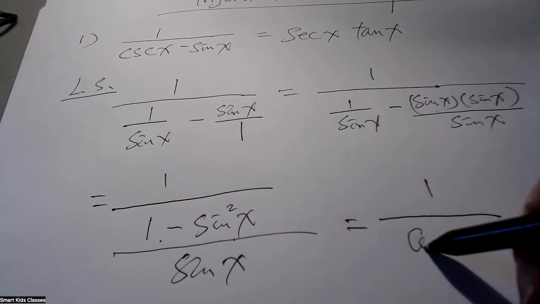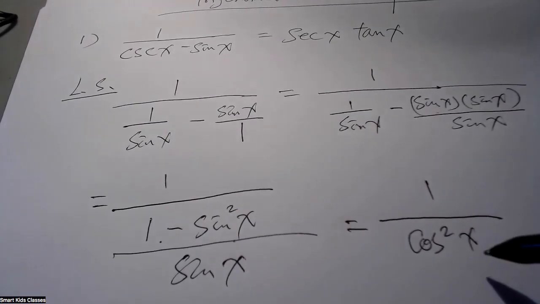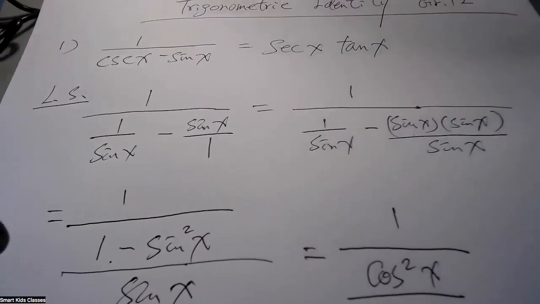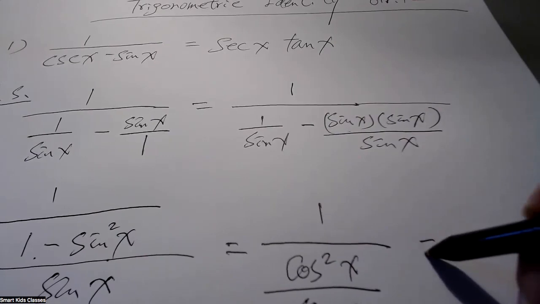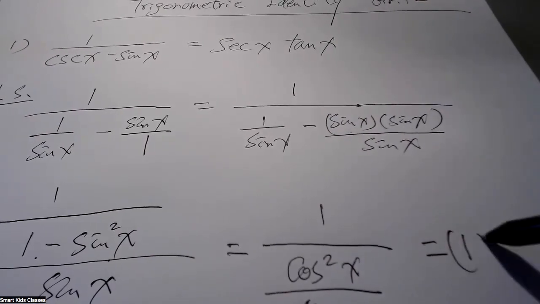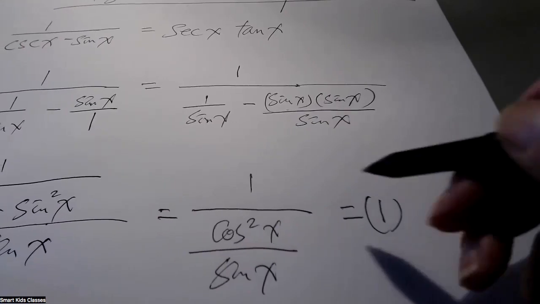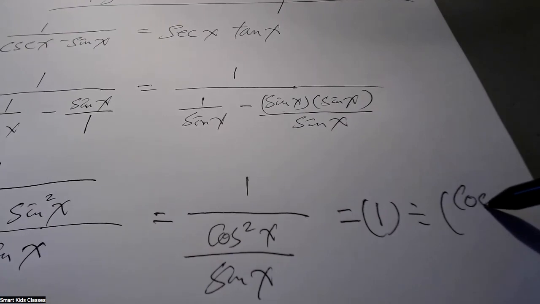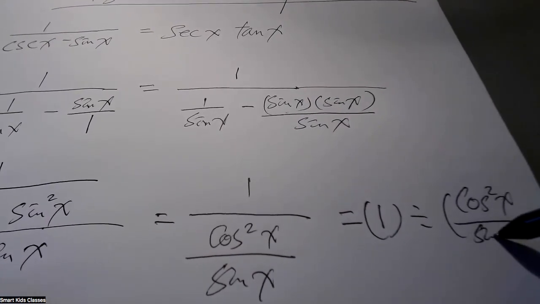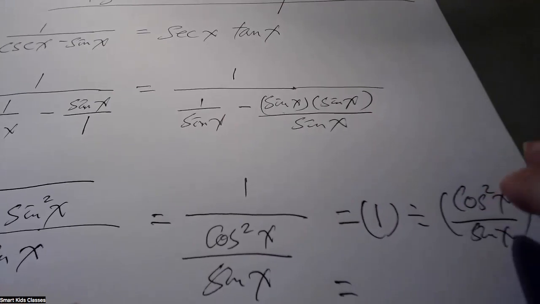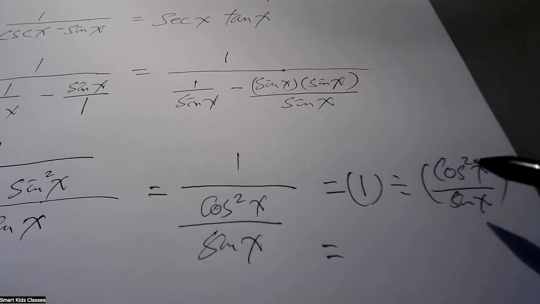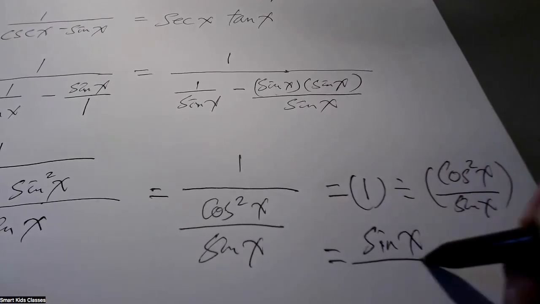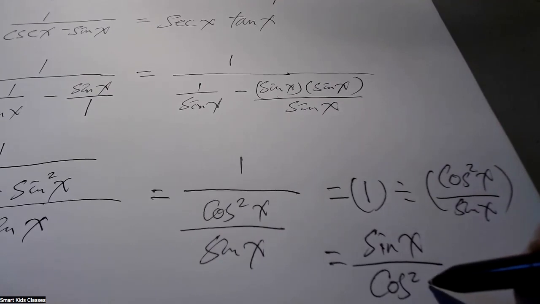Therefore, 1 over cosine square x over sin x. Divide: cosine square x over sin x is equal to 1 times the reciprocal, so it's sin x over cosine square x.